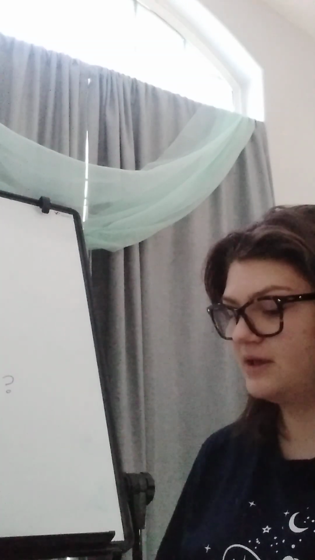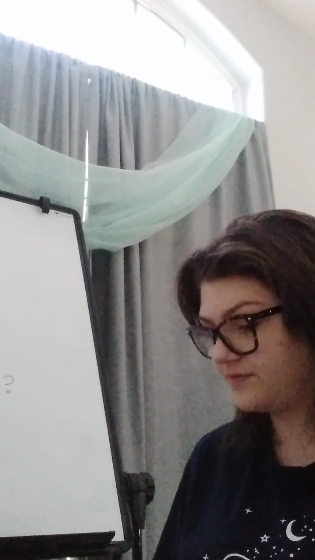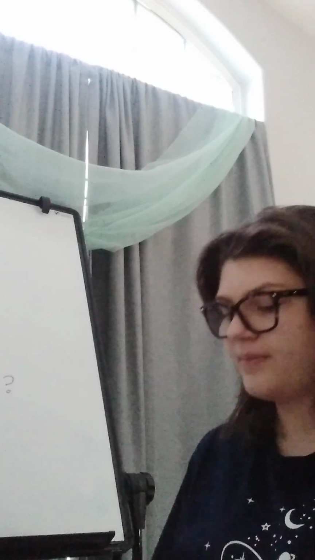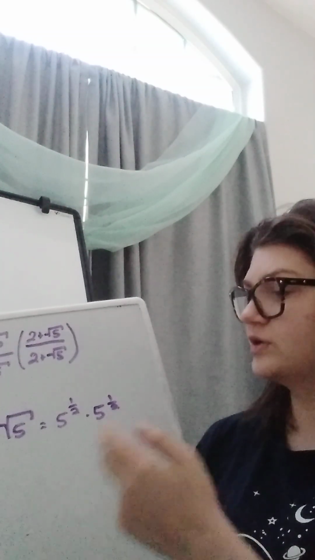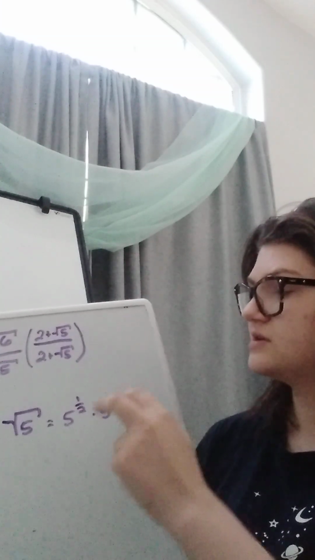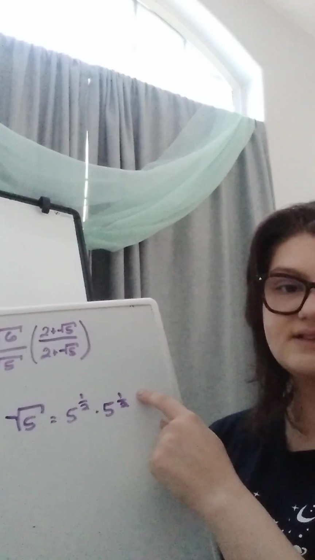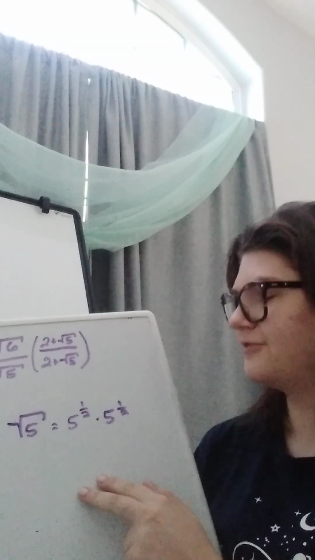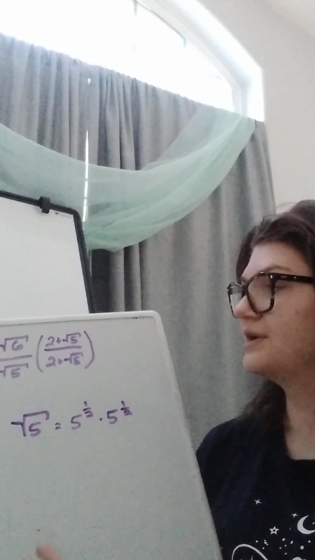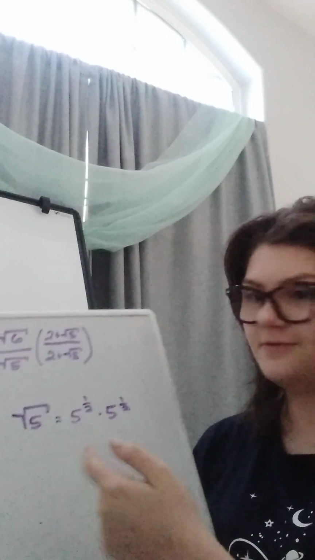So if I multiply it by itself, times 5 to the 1/2 power, remember that if you're multiplying two exponents with the same base, then their exponents add. 1/2 plus 1/2 is 1. So you're just going to get the 5.